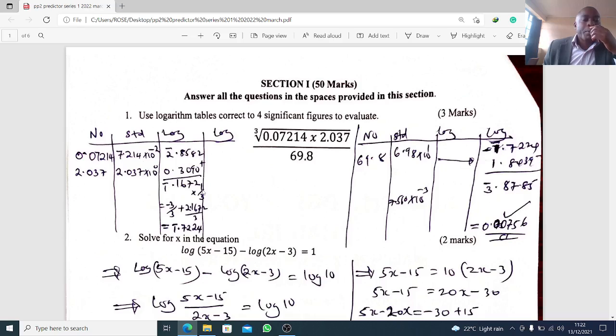There was a cube root here, so we multiply by a third. When you are multiplying by a third, I have to think of a number. I need to add a number to bar 1 so that it divides by 3. The first thing is to negate the 3, because it's division by 3, so I put negative 3. I think of a number I can add to negative 3 to get negative 1.